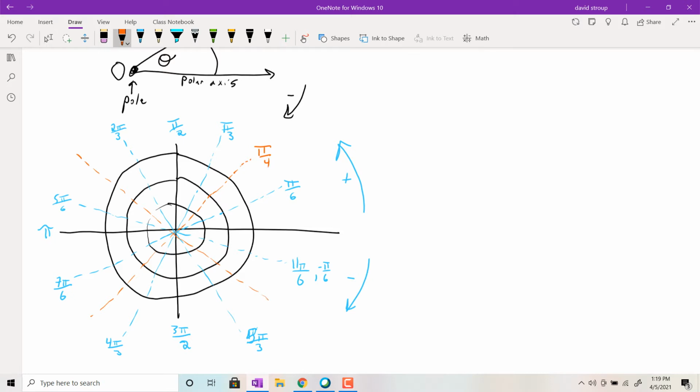So 3 pi over 4, 5 pi over 4, 7 pi over 4, and then back to 0, or 2 pi, or 4 pi, however you want to do it. So we put the polar axis on the positive x-axis, this will be the y-axis, and we'll use r and theta to describe a point. Let's plot a bunch of points here and see how that goes.